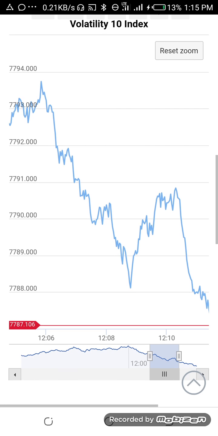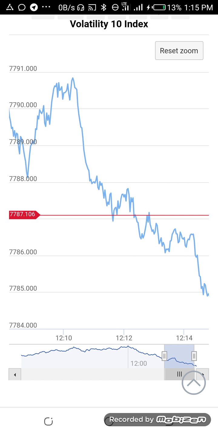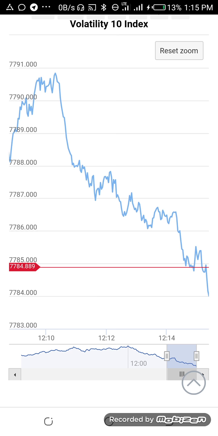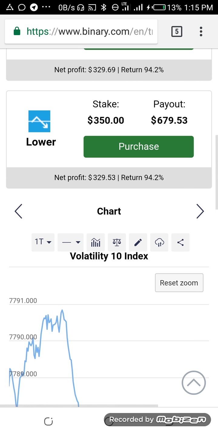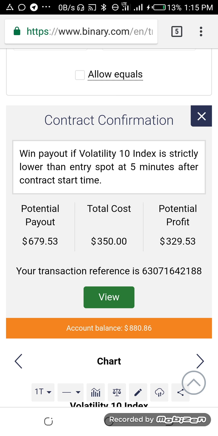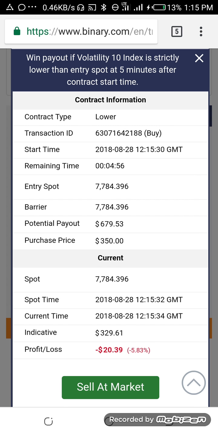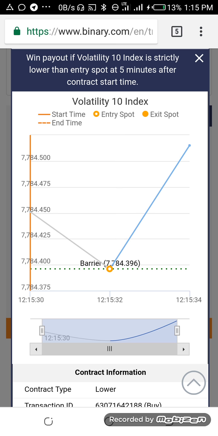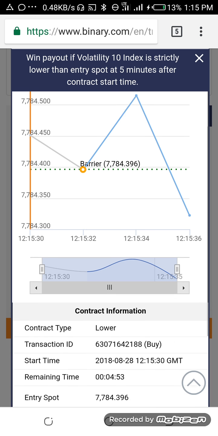Now, I'll take a look at this. It's going down. The market is going down, and I'm going to say down. I'm flowing with the market, and I'm going to check this and see how well it's faring.